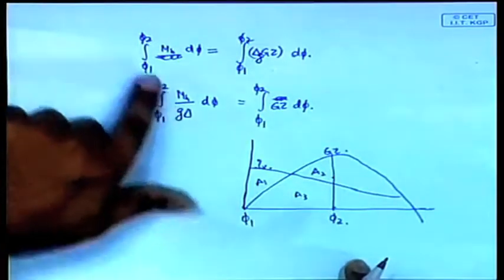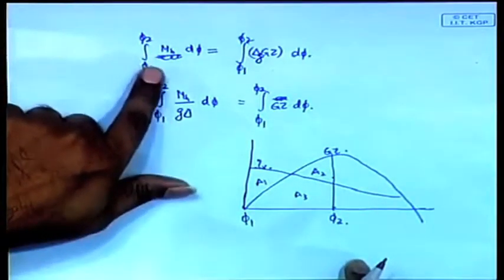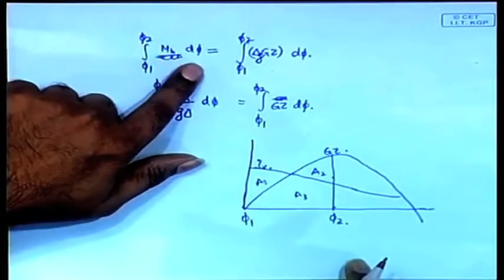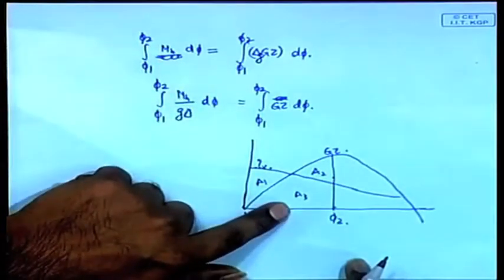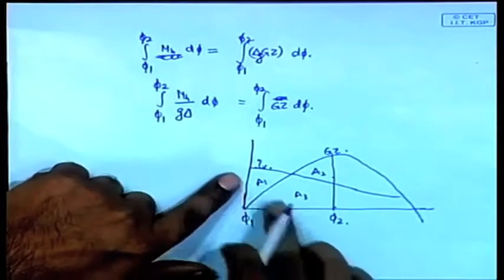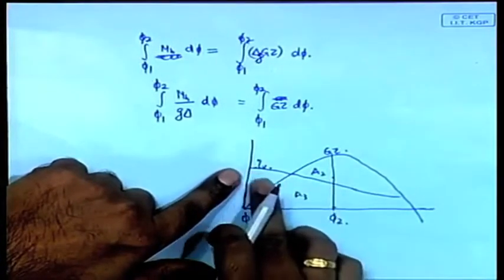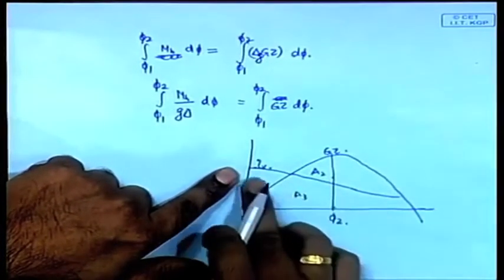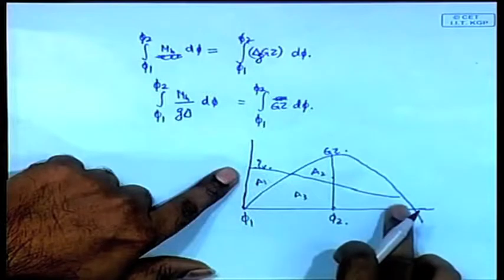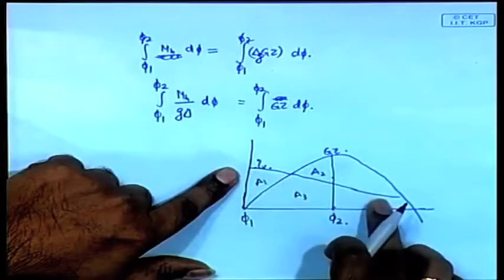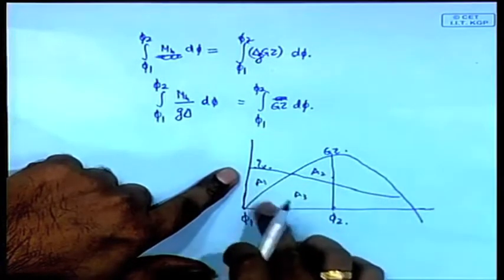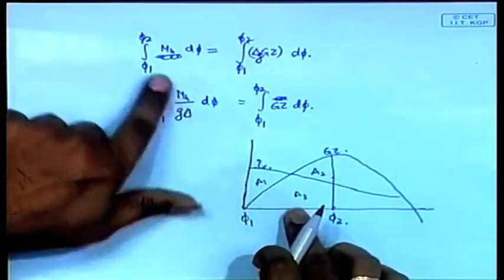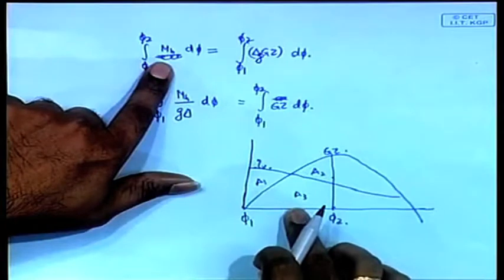So what is the first integral? The integral from phi 1 to phi 2 of MH d phi represents A1 plus A3. It is the area under the heeling moment curve, this straight line, which represents the heeling moment or the heeling arm.